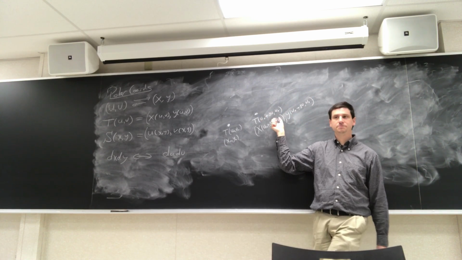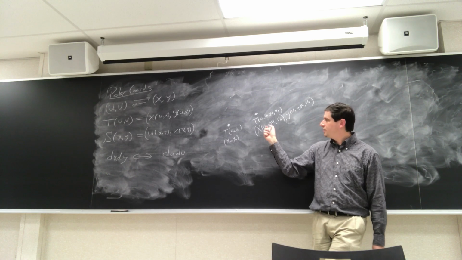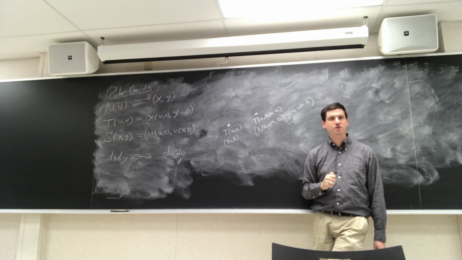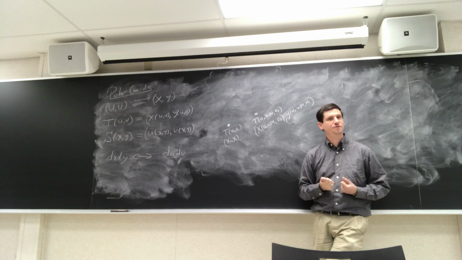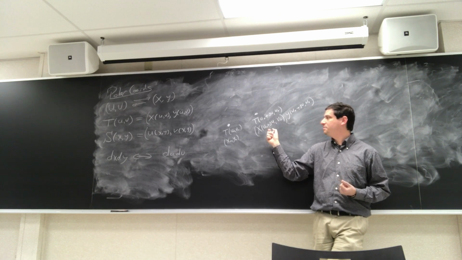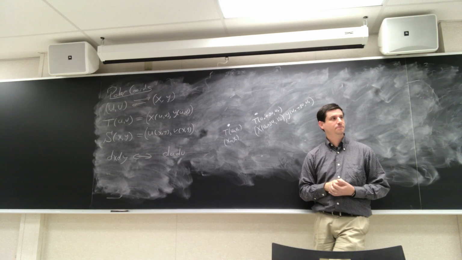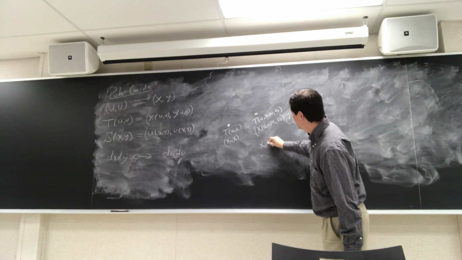I have my pair. I've just changed the value of u. I'm keeping the second one the same. So I need to figure out how my function x changes. X is a function of u and v, and I'm just changing the first component. If delta u was 0, I would just get back x naught. So my answer should look like x naught plus a little bit.